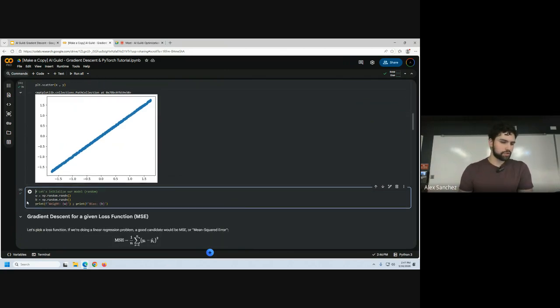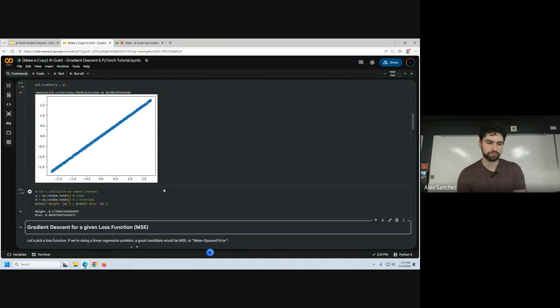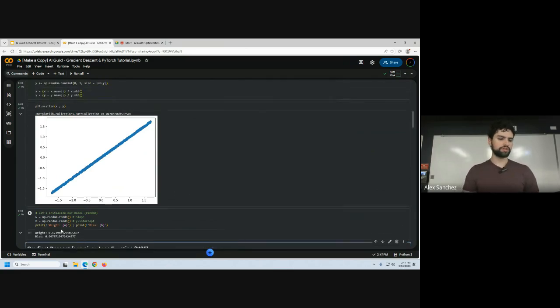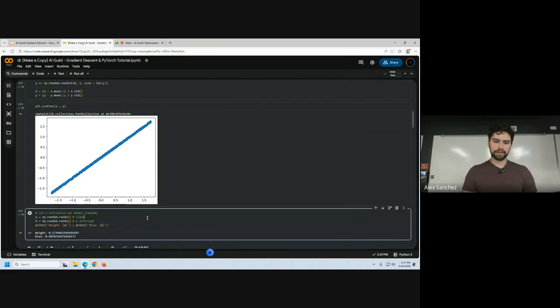So here we're randomly getting a weight, which would be our slope, and we're randomly getting our bias, which is a y-intercept. We want to tweak these parameters until it fits this data. And by that, I mean it minimizes the loss as much as possible. So here are just some random values.